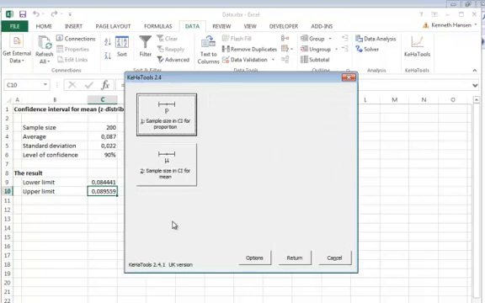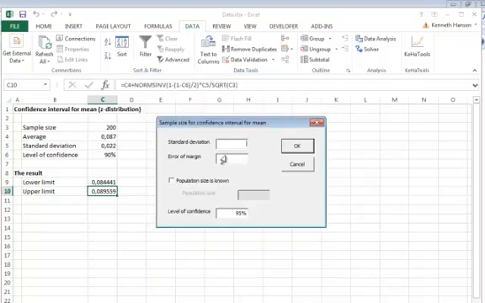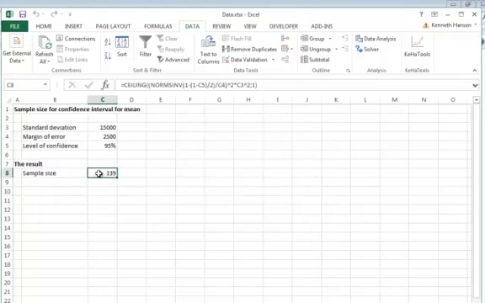So we go into sample size, type in the standard deviation, the margin of error, and the level of confidence, and we need a sample size of 139 persons.